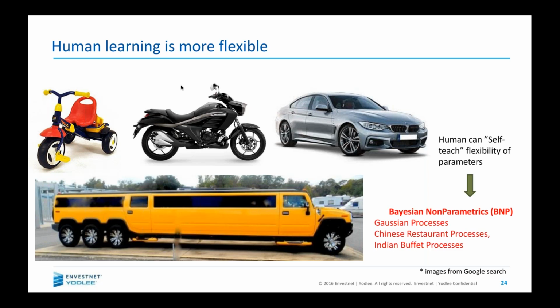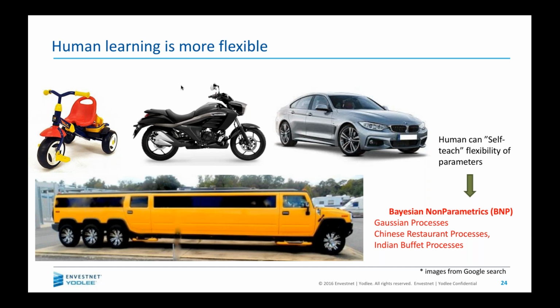and that is really where the area of BNP, this is an area where I have spent a lot of my time researching. We at Yodlee are also using this quite a lot, especially the first and the second topic here, Gaussian process and Chinese restaurant process. GPs help you change the correlation function as your data changes.